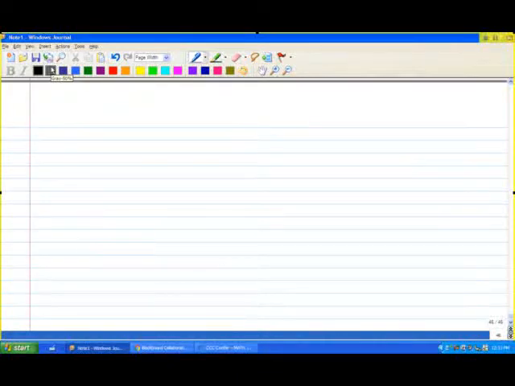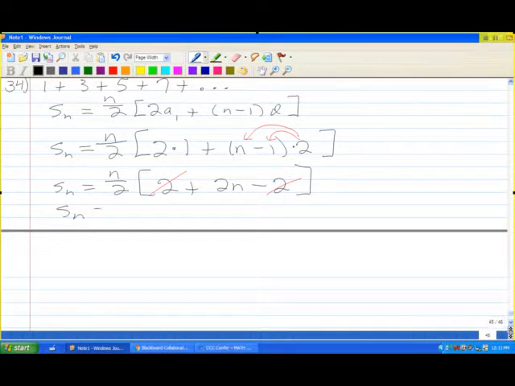And so I get S sub n is n over 2 times 2n, and the n's and the 2's cancel. And so n squared. If you recall, on Tuesday we proved the formula that if you add up the first n odd terms, you just get n squared. And so we've actually shown that formula now.